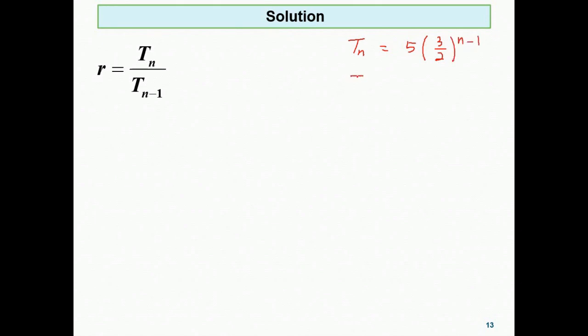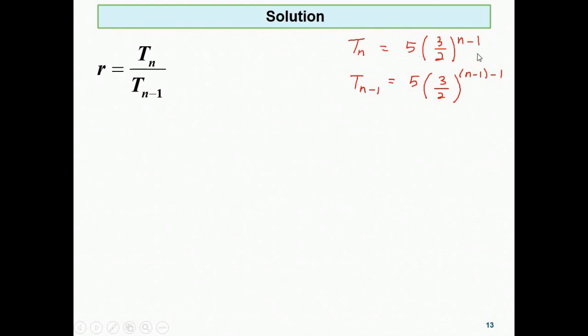So now find Tn minus 1, which equals 5 times (3/2) to the power of n minus 1 minus 1. Just substitute n with n minus 1.